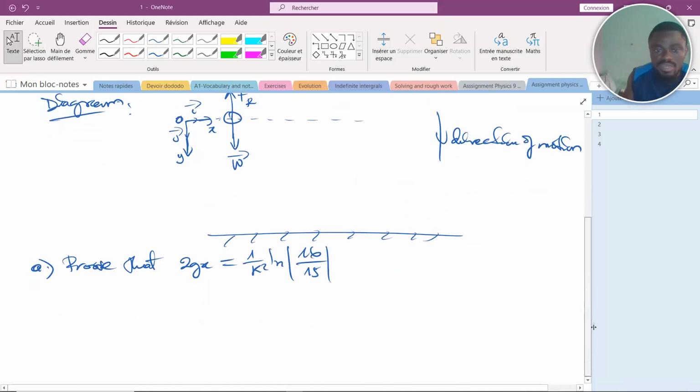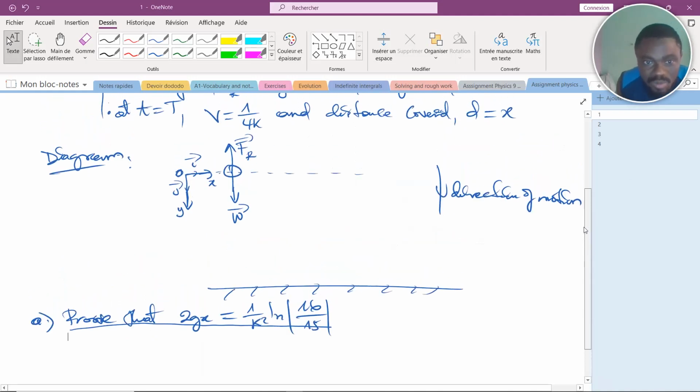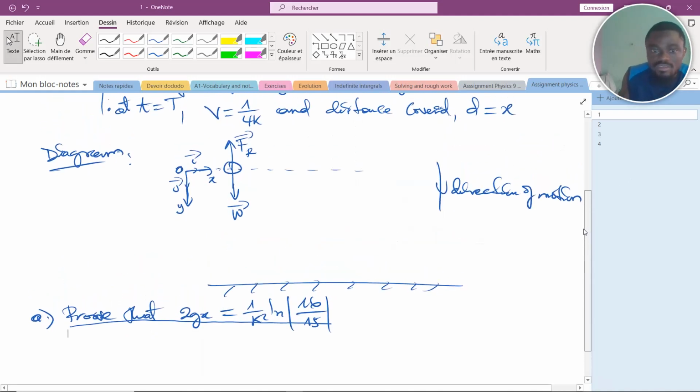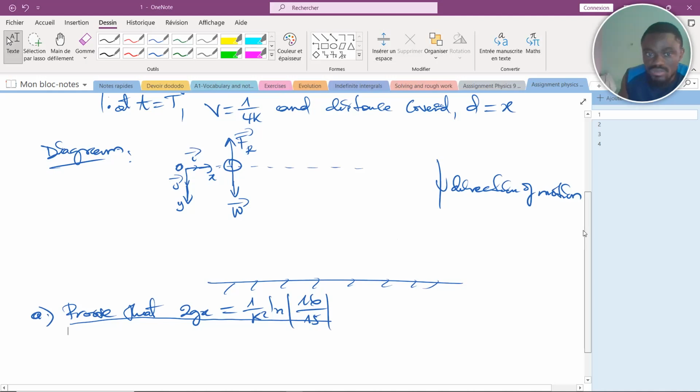The first thing we have to do: the particle is in motion, so the first natural thing is to study the motion of the particle using Newton's second law of motion.